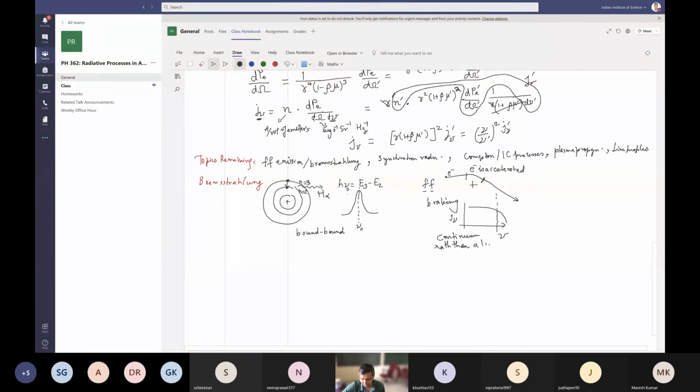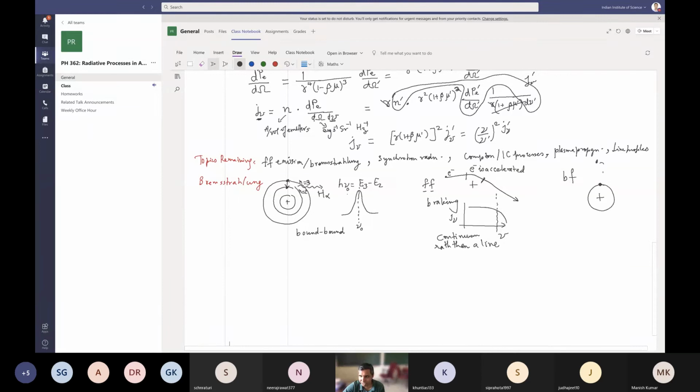Okay, there's also something called bound-free or free-bound. So free-bound means that you have a free electron which is moving, and when it collides with a proton, it sort of lands up in a bound orbit. So before scattering, this is the situation.